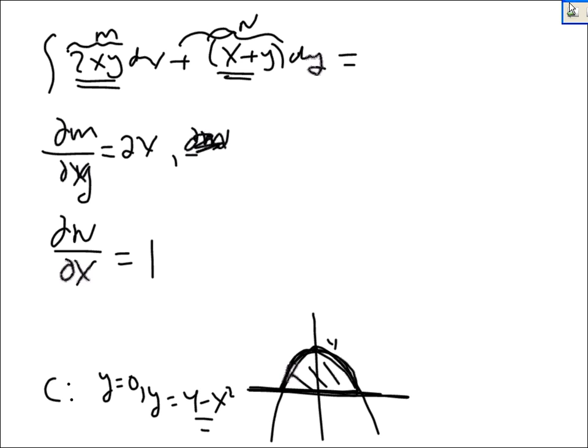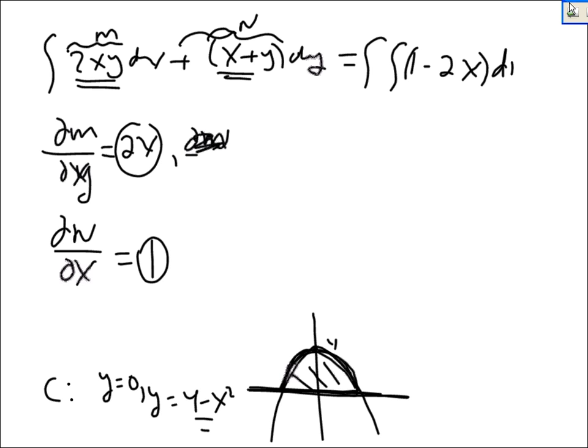So, the double integral of 1 minus 2x, this minus that, dA. Real quickly, we convert it to a nice simple integral. And then we have to find dA.